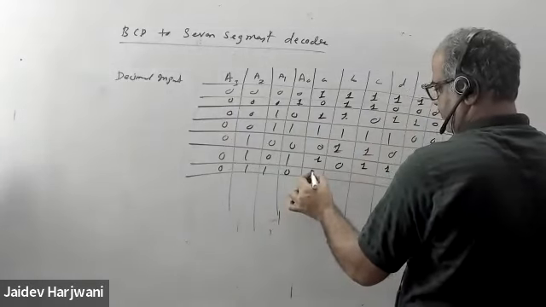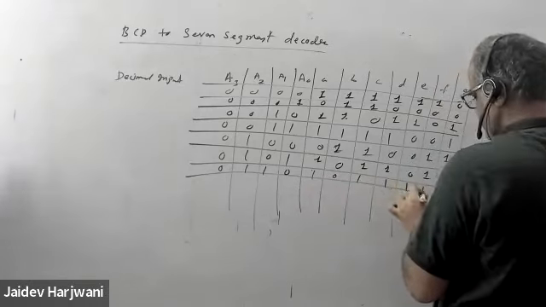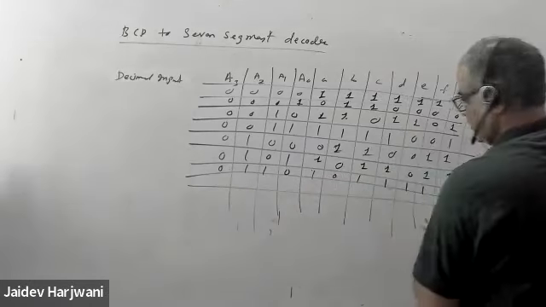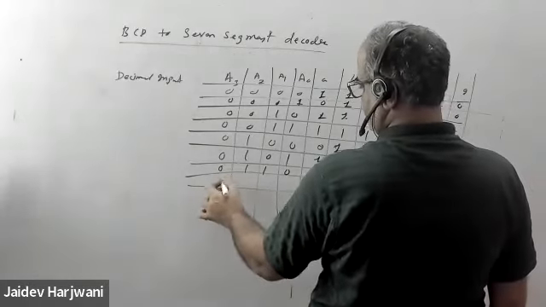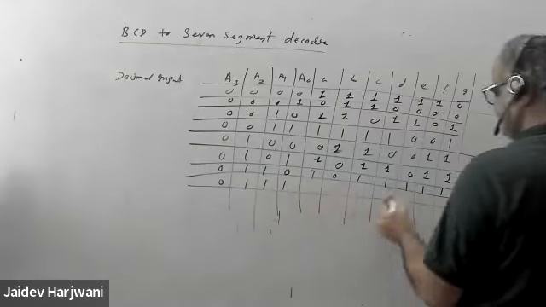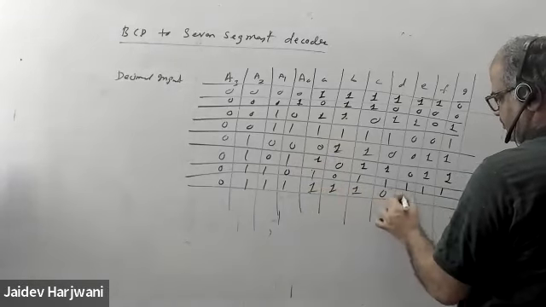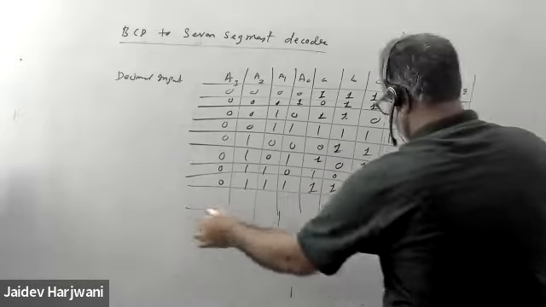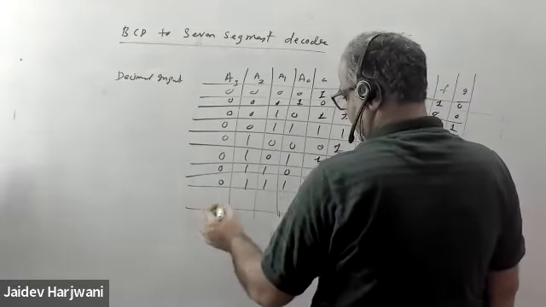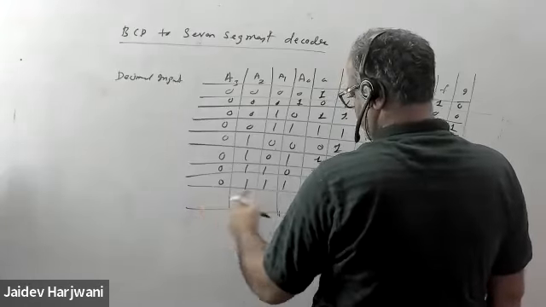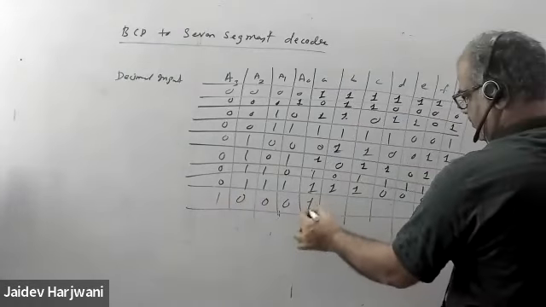B is 0, all others are 1. Now 0, 1, 1, 1, which is 7. A, B, C are 1, and the others are 0. Then you have to tell me the remaining, 8. After 7 comes 8, which is 1, 0, 0, 0, all ones.